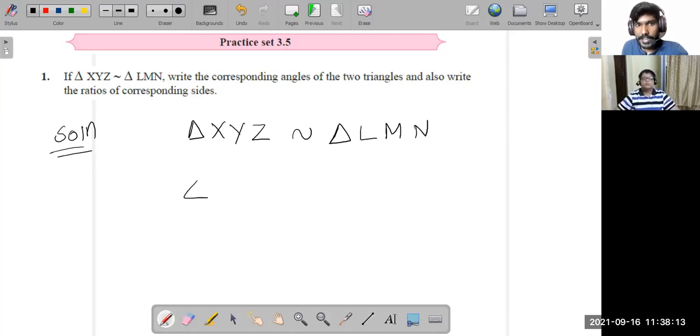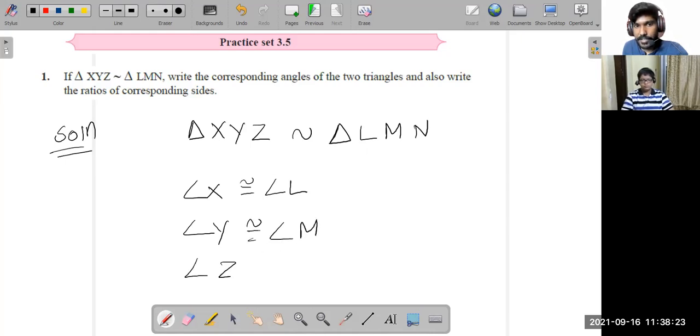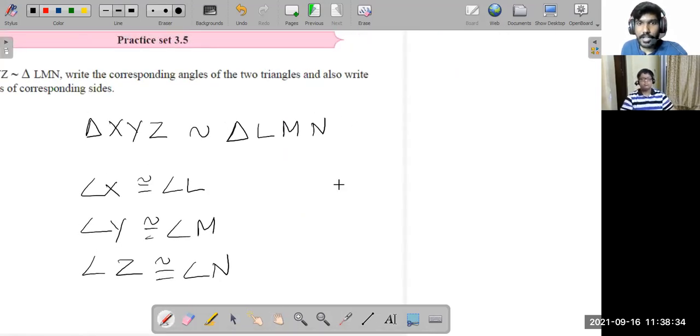Okay, so first angle X will be equal or congruent to angle L. Then angle Y will be congruent to angle M. And angle Z will be congruent to angle N. Did you understand this? Yes, sir. Okay, now can you tell me their corresponding sides which will be in proportion, how to write it?